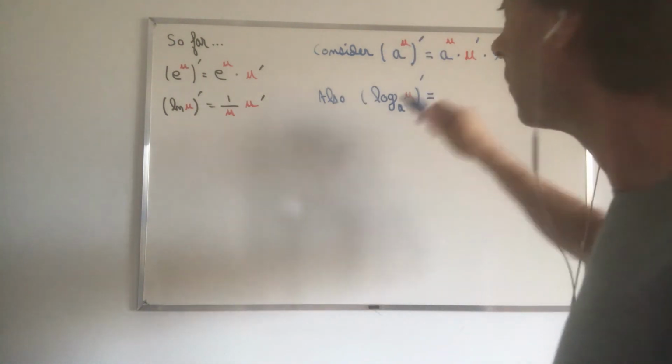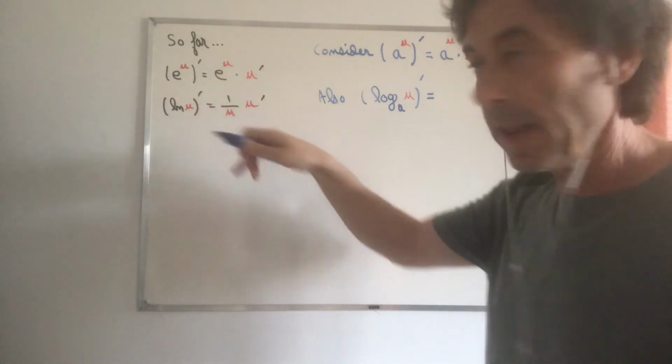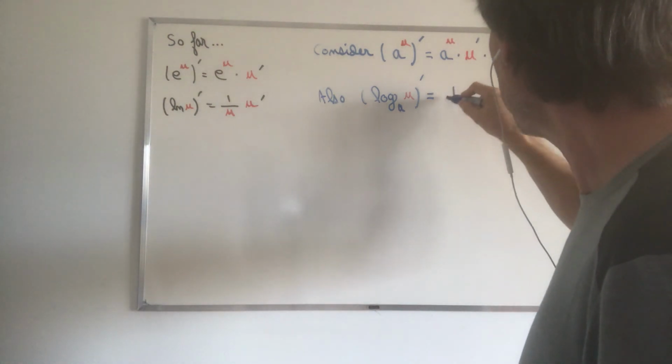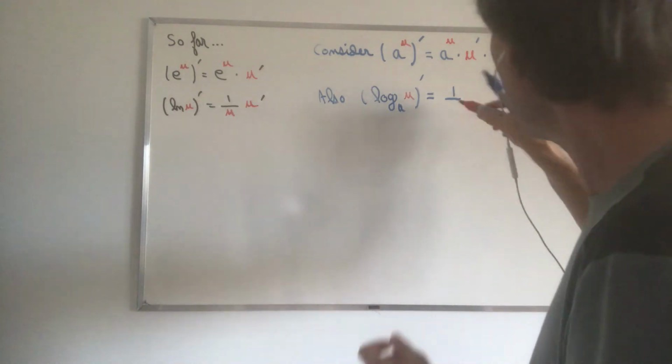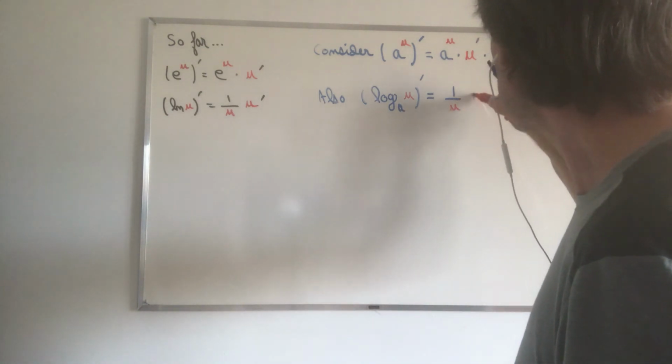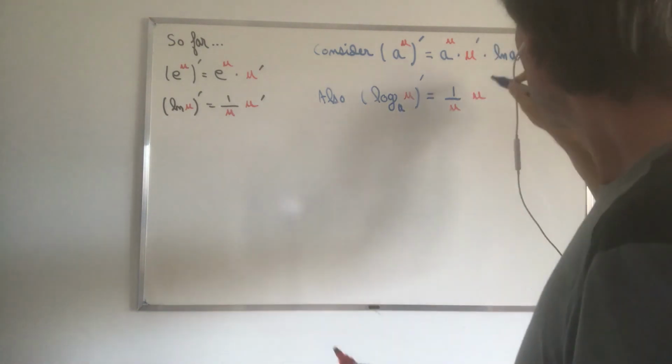Well, it's going to follow very much what the ln was. It's going to be like 1 over u times u prime.